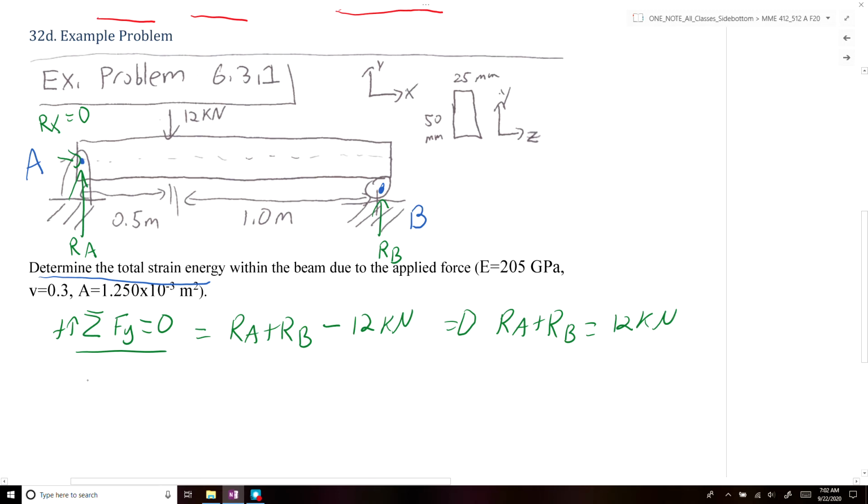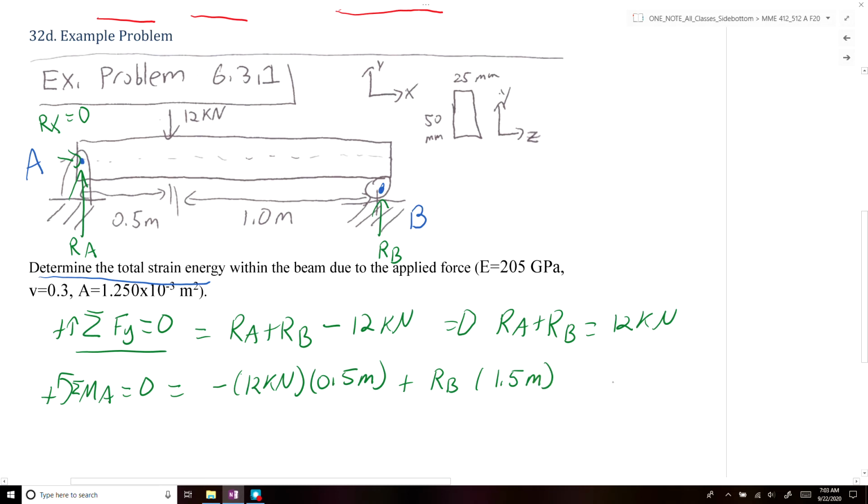Then if we take the moment about point A and sum all the moments about it, and set that equal to 0, we get minus 12 kilonewtons times 0.5 meters, plus RB times 1.5 meters.